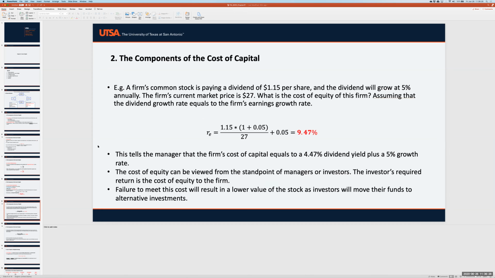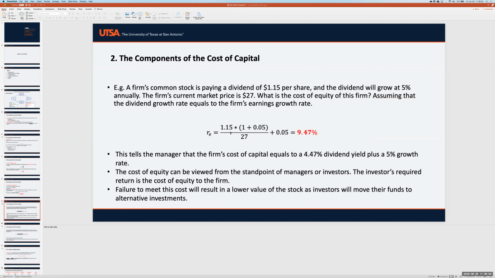So a quick question. A firm's common stock is paying a dividend of 1.15 and the dividend will grow at 5% annually. The firm's current market price is 27. What is the cost of equity of this firm? So simply, same calculation, same formula.